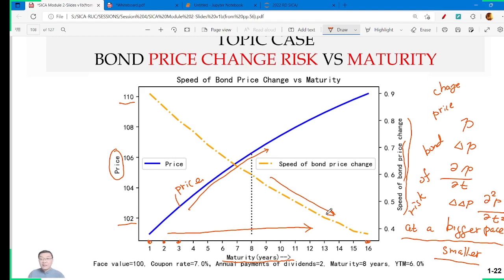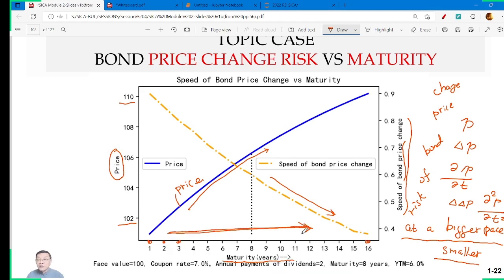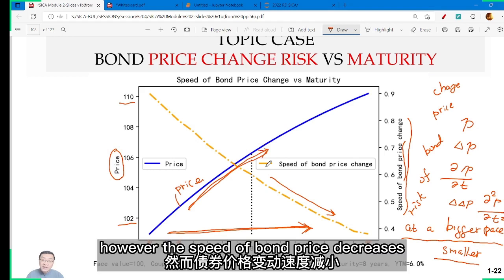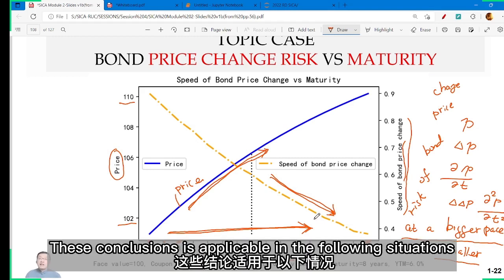Okay? I repeat. As the time to maturity increases, bond price increases. However, the speed of bond price decreases. Okay. These conclusions are applicable in the following situations.